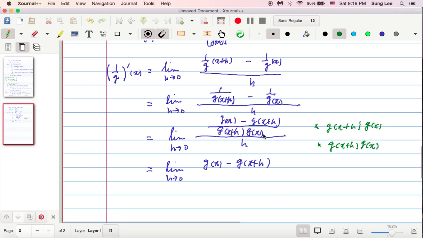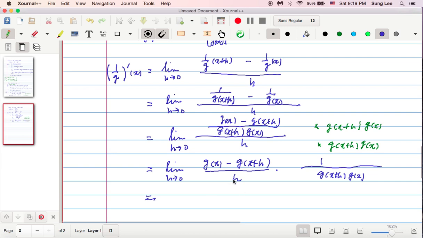Okay, so don't panic. Then you can write this as h times g of x plus h times g of x, but we can separate it. So I'm writing this first part separately, and then we have 1 over g of x plus h times g of x. So far, so good.